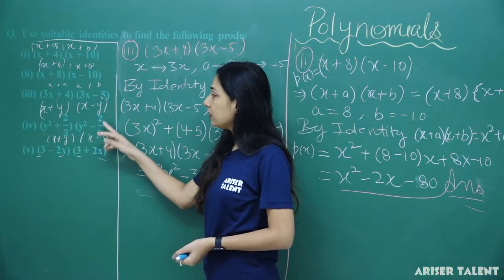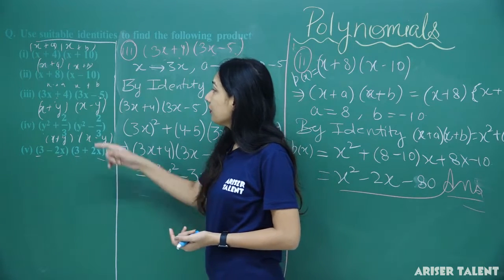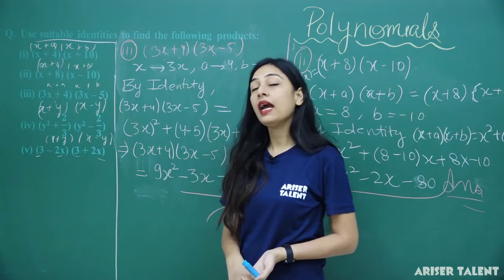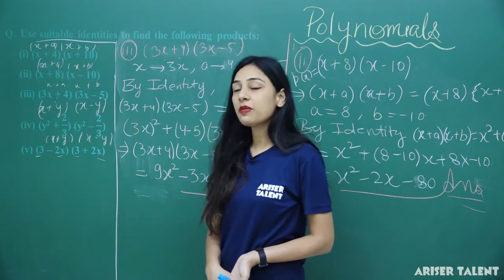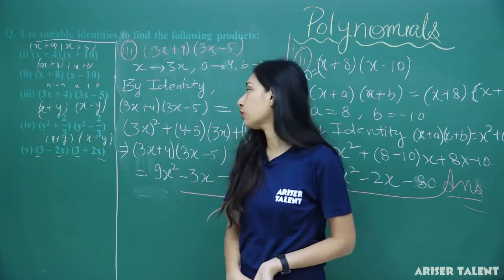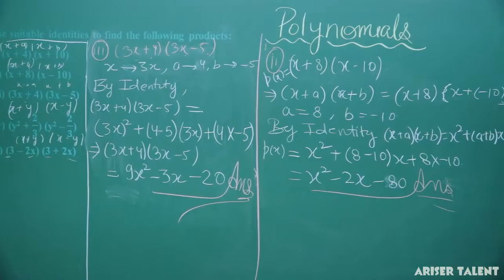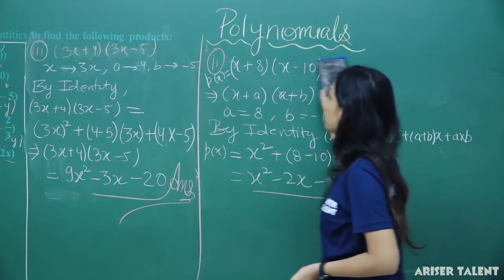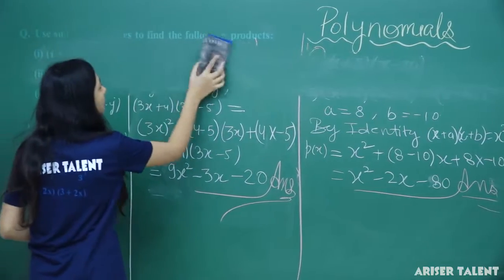Now we are getting these 2 questions and these are based on the formula (x plus y)(x minus y), and the identity we are using is (x plus y)(x minus y) is equal to x square minus y square. Okay, so just note this and we will move forward to our next 2 remaining questions. These 3 we have covered.